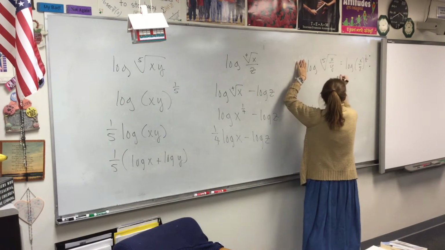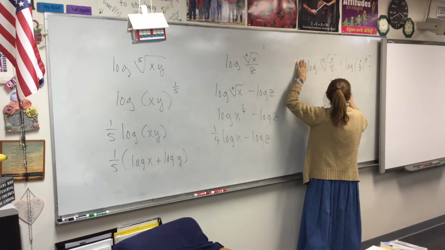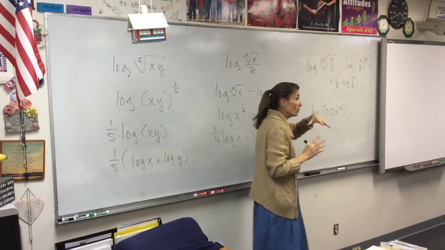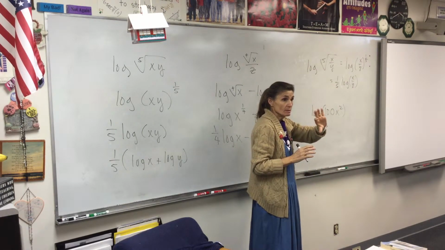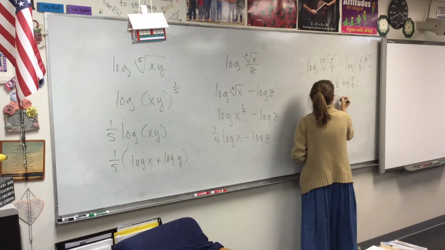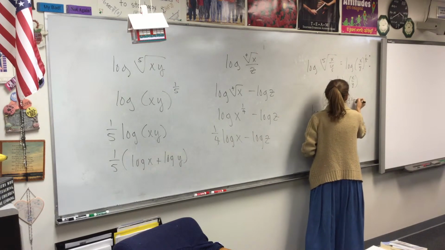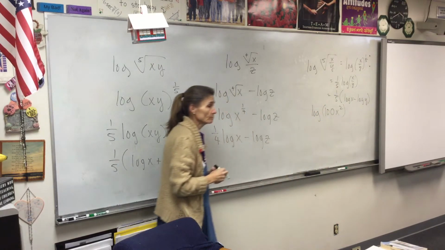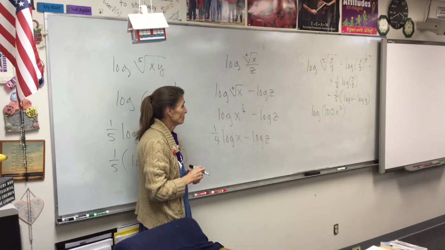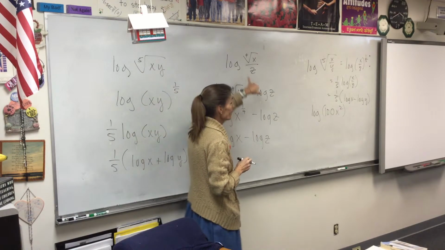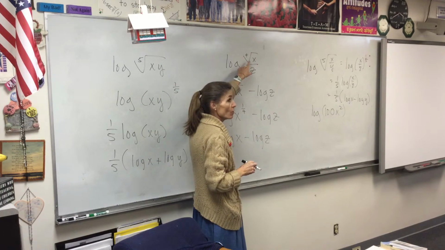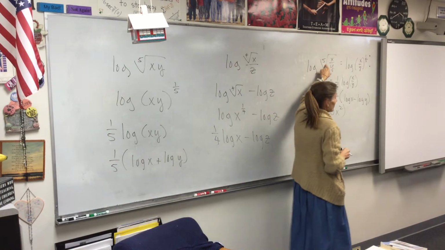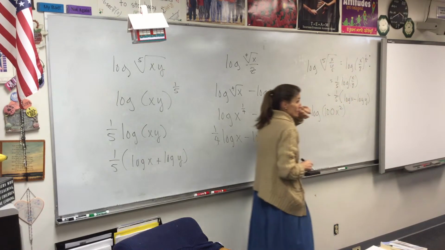So it's going to pop out in front. And now I've got to pull that apart. It's a division, so it'll be a subtraction. Do I need my parentheses? Yeah, because the 1/5 has to go with both of them. 1/4 only goes with the x. Here, the 1/5 goes with both of them.